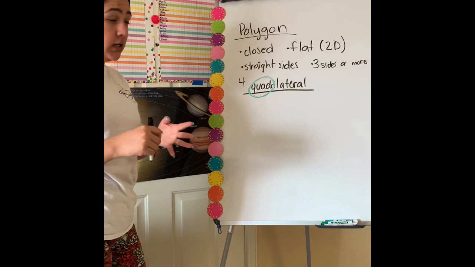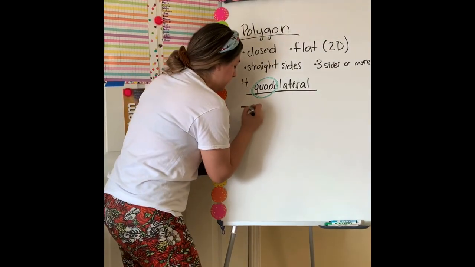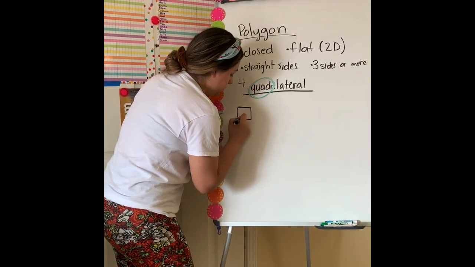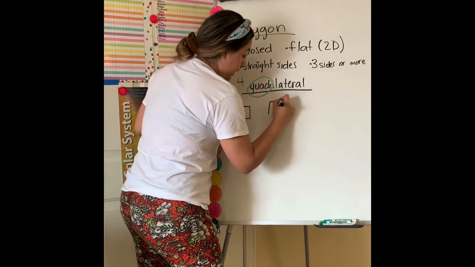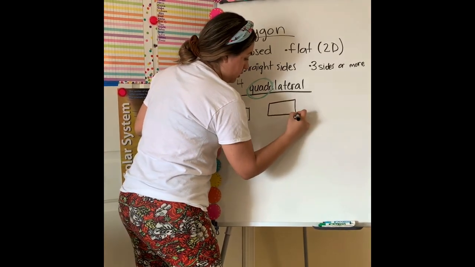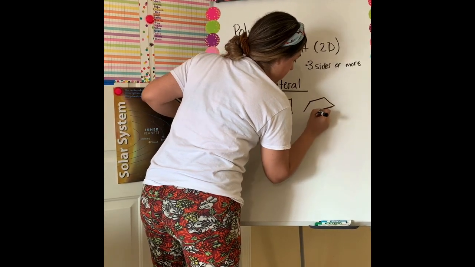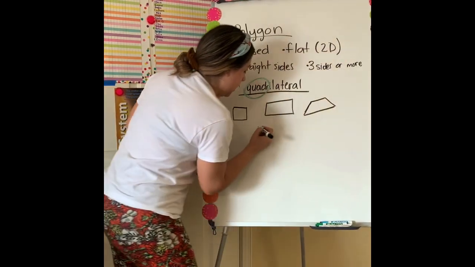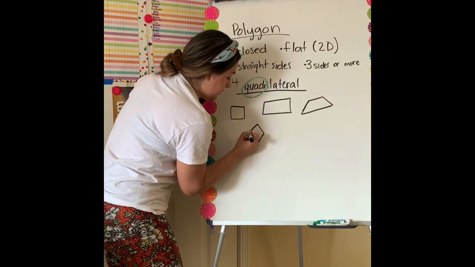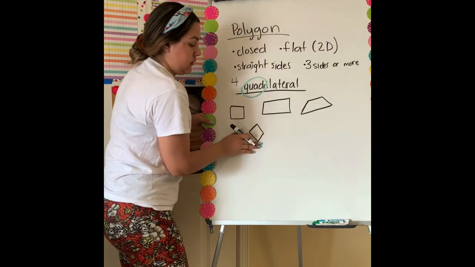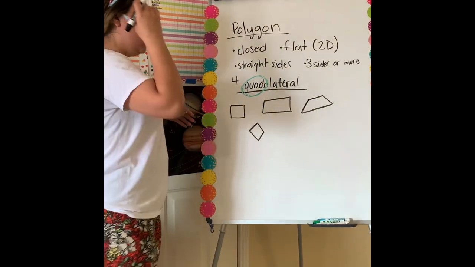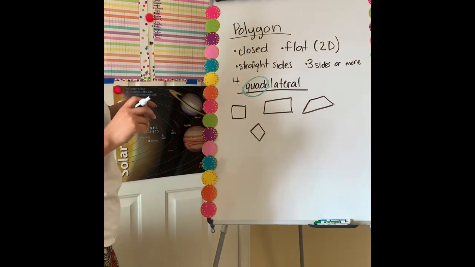So any shape that is 4 sides, for example, a square, a rectangle, a trapezoid, a rhombus, okay? That's all I can think of.